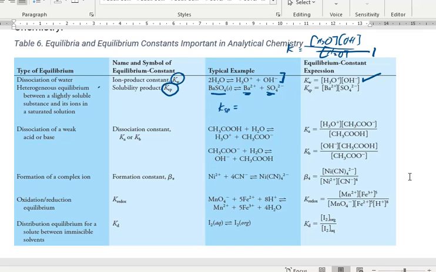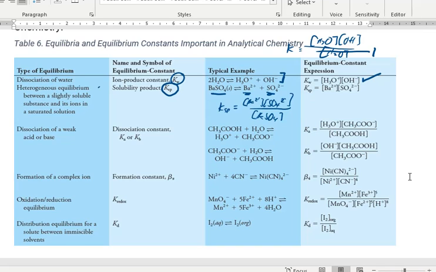But it's still the same K when you solve. So you have barium 2 plus times SO4 2 minus, right? All over barium sulfate.